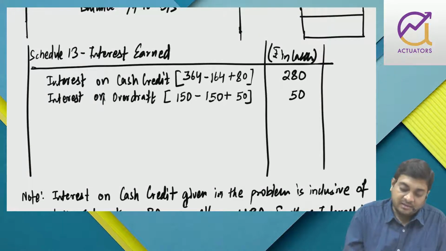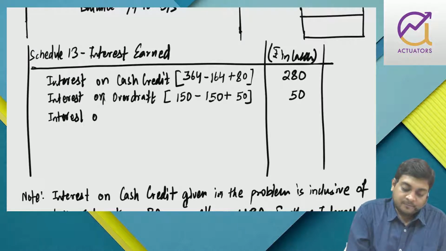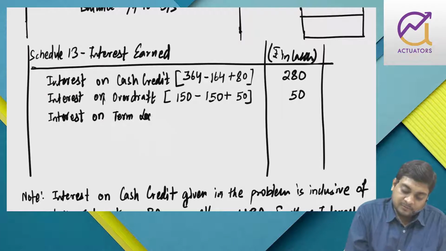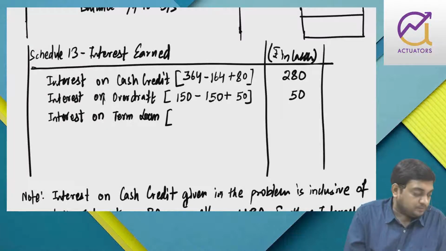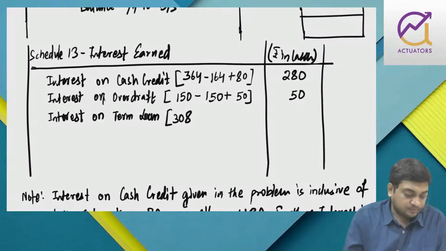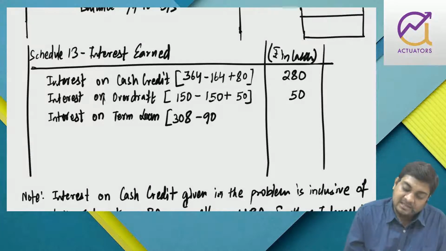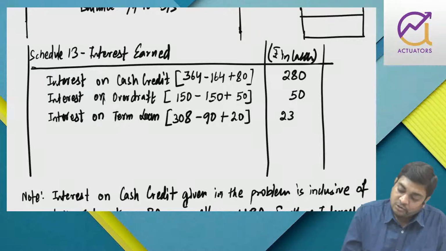So I'll take 50. Interest on term loan. Total is 308 minus 90, that is interest earned on NPA, but interest received on NPA should be included. So this is 238.